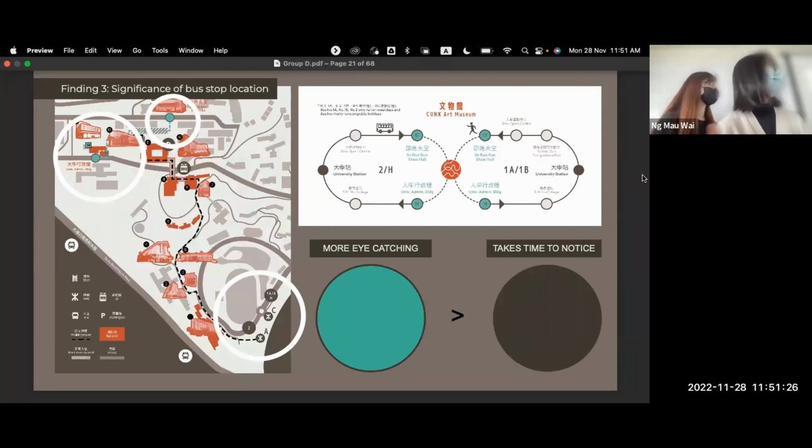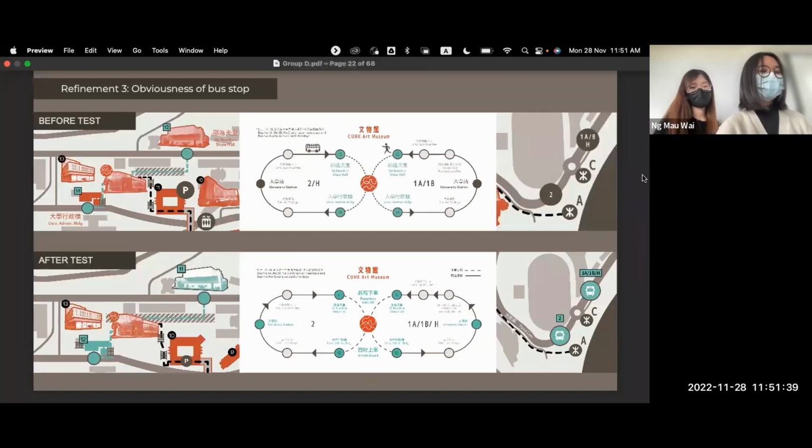During the user test, we found out that using dark brown to represent University Station is not very obvious to users, and it took the user a bit of time to find the bus stop. Therefore, we decided to use blue to replace that and to fully present the bus routes in blue.